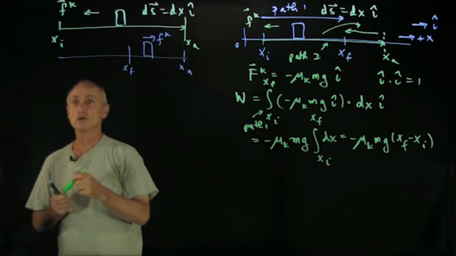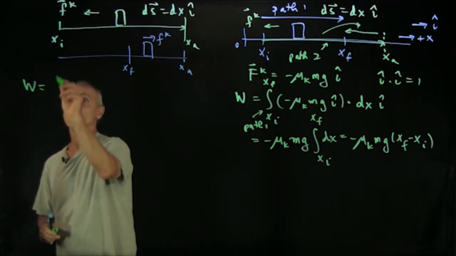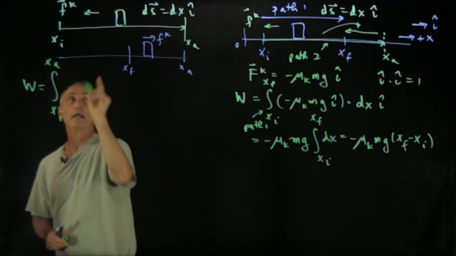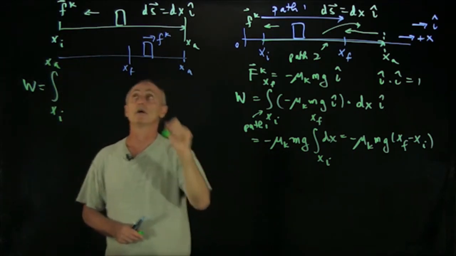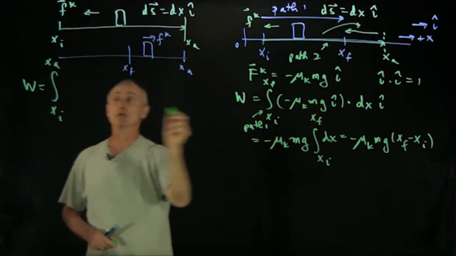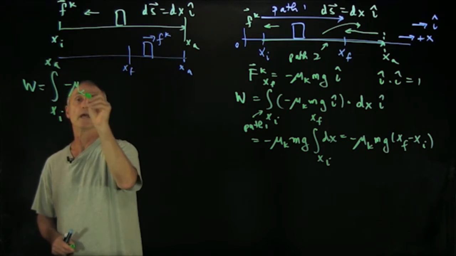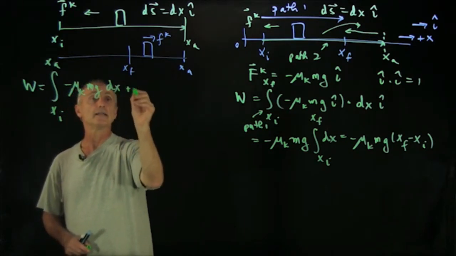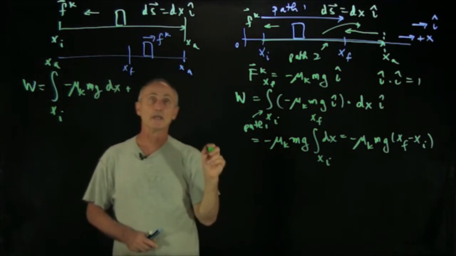So now what we have is 2 integrals. So w is the integral from x initial to xa. And now I'm going to take the dot products here directly. It's the same friction force. We still have this same integral, which is minus mu k mg dx. Now, here's where it's a little bit tricky.